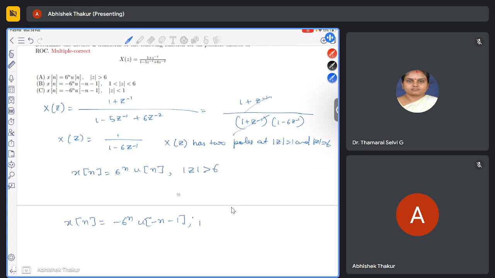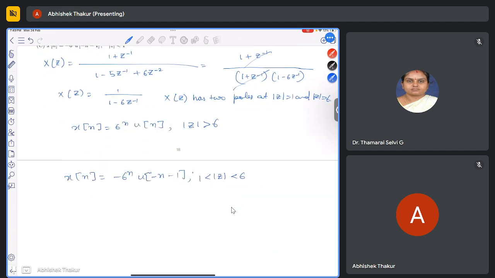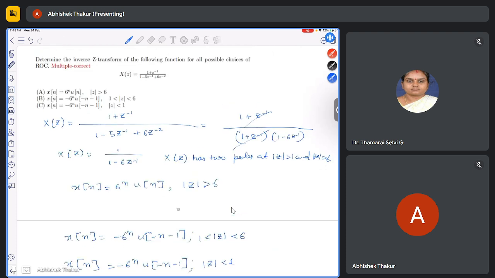As we have seen previously, we can have the opposite ROC also, so this is between 1 and 6. And also x of n can be minus 6 to the power of n u of minus n minus 1 with mod of z less than 1. So options A, B, C are all correct answers for this question.